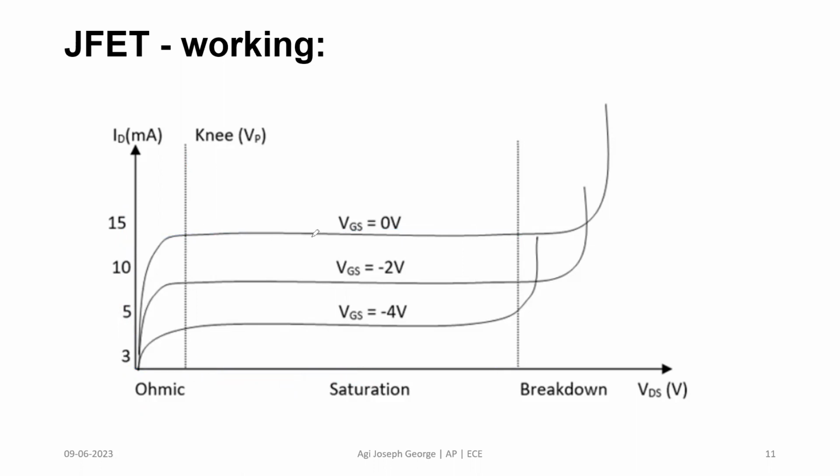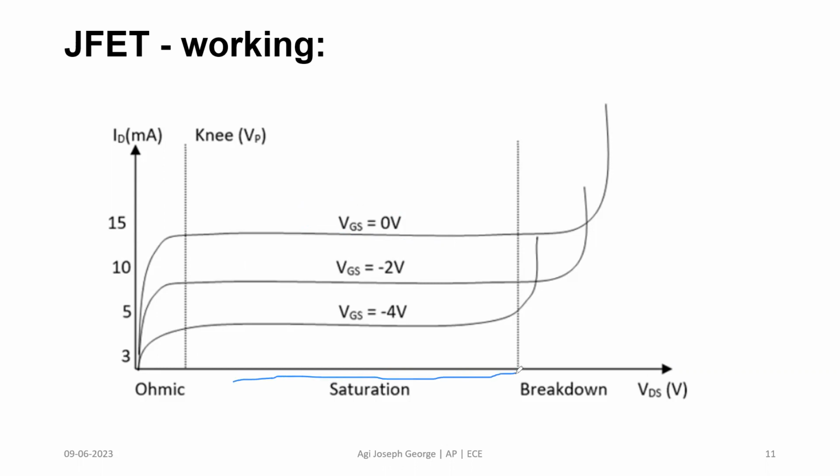We are discussing this particular graph only. Why? Because we are keeping the gate source voltage constant, because gate source voltage is the controlling factor, and we are understanding the different regions. After a particular voltage, it remains in the saturation region.